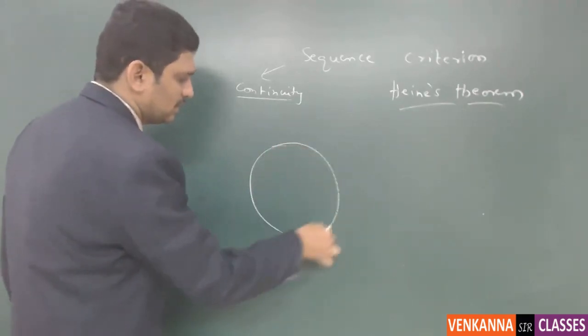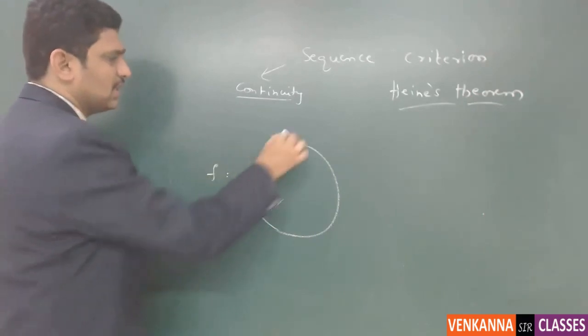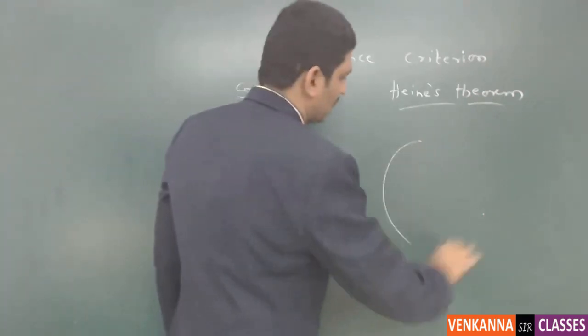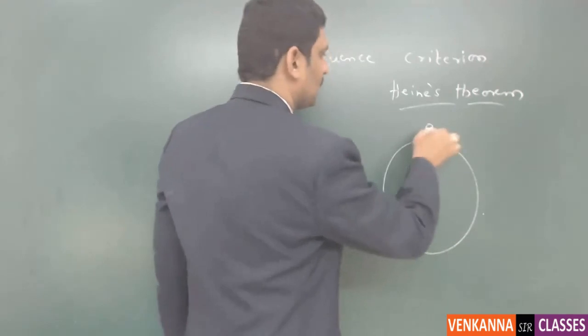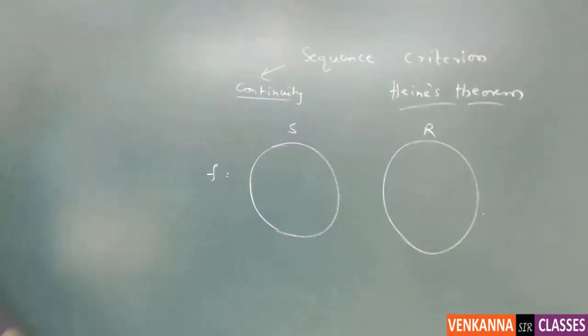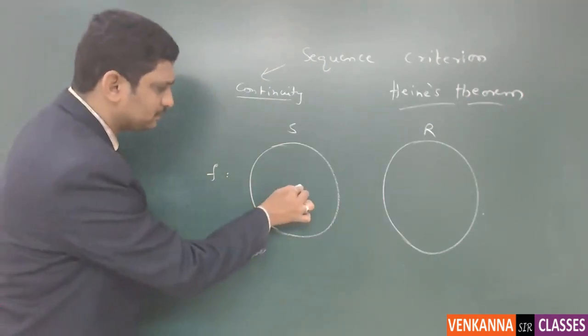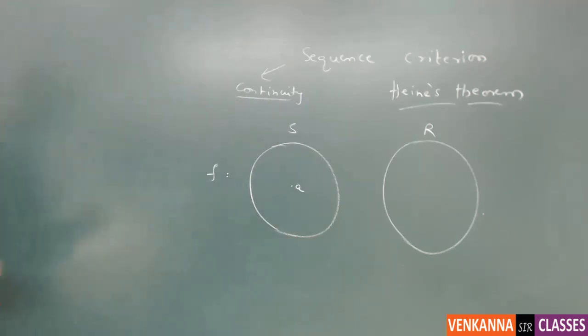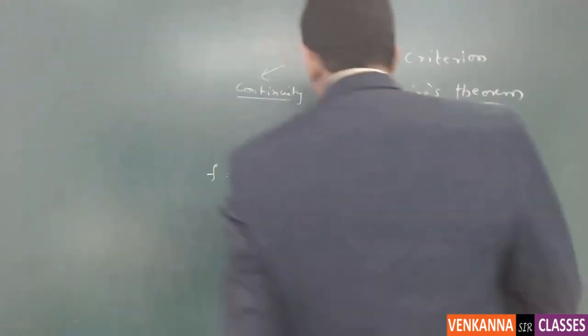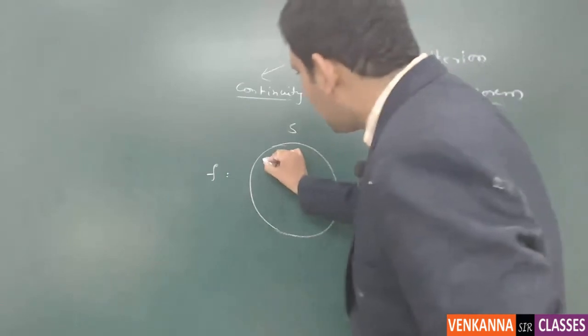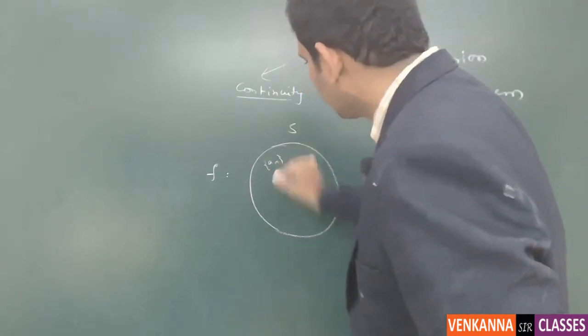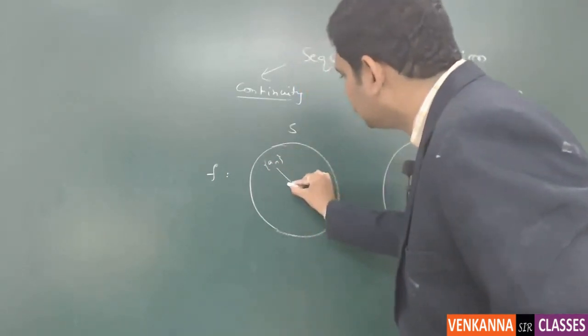Suppose f is a function defined from the set S to R, the real numbers. Because we are dealing with real analysis, we are always talking about real-valued functions. Now what happens if you want to check the continuity of f at the point a? It means that in the domain you can find a sequence which is tending to a.